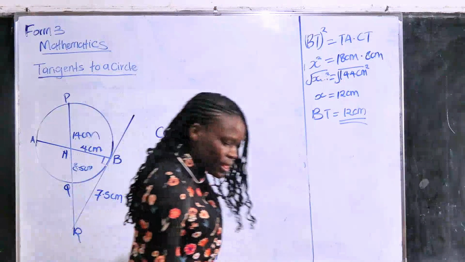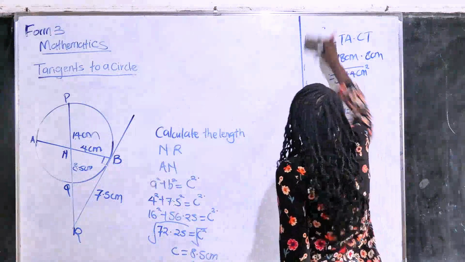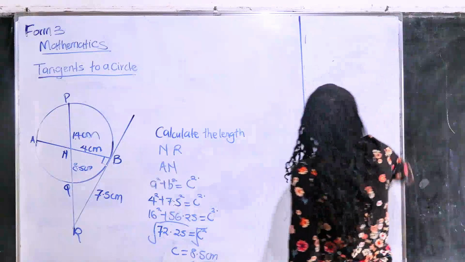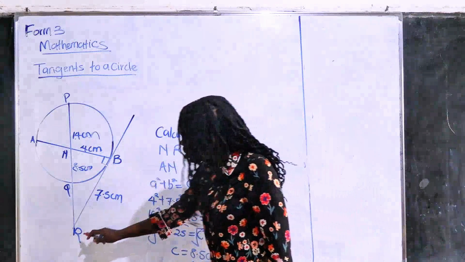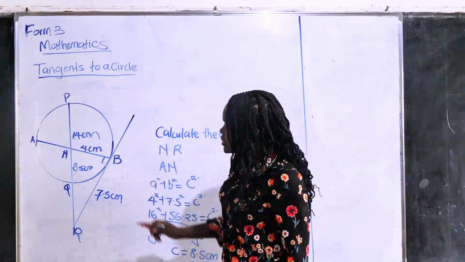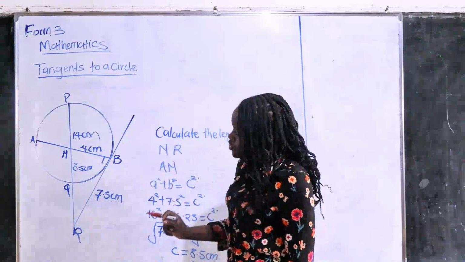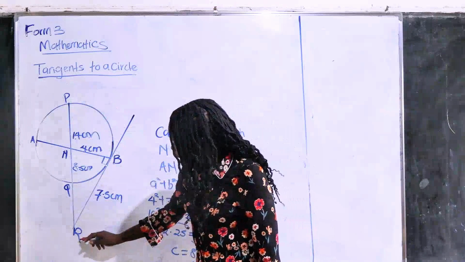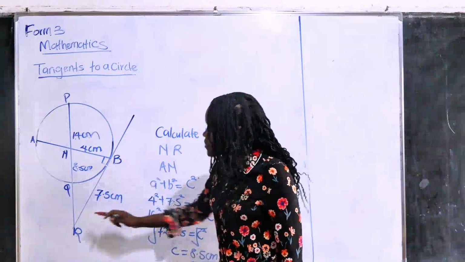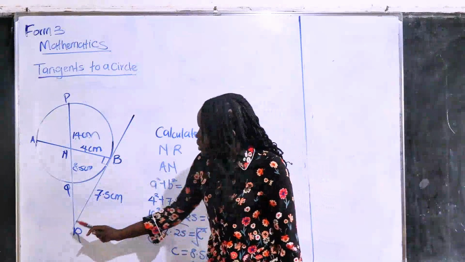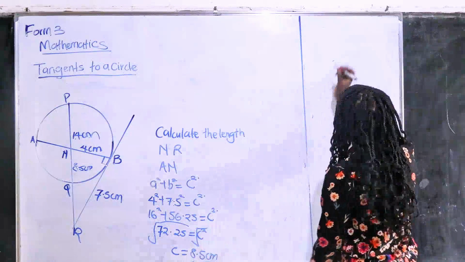It states that when we square BR, it will be equal to PR times RQ. Let's write.